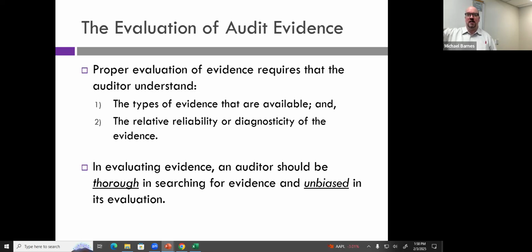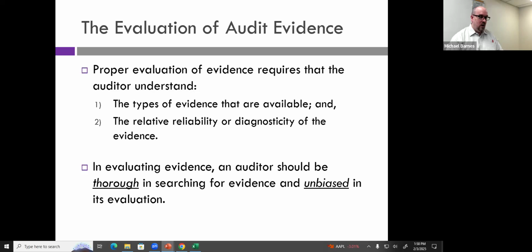What about availability bias? Have you heard that term before? Availability bias is basically saying that we're only going to look at immediately available information, that we really don't want to go through the effort of finding other information that's harder to find. So we want to be thorough and unbiased. Those signal both of those types of tendencies. We want to try to avoid those at all costs, and we'll talk about the importance of that after the first exam.